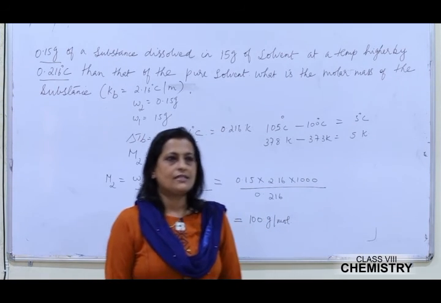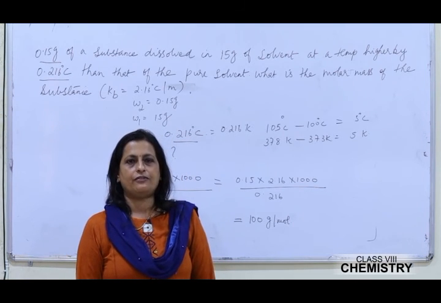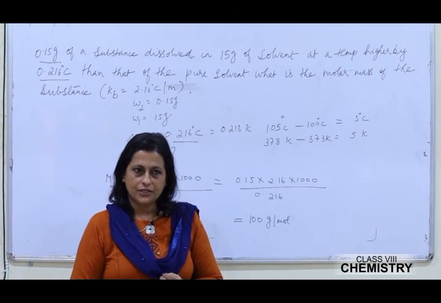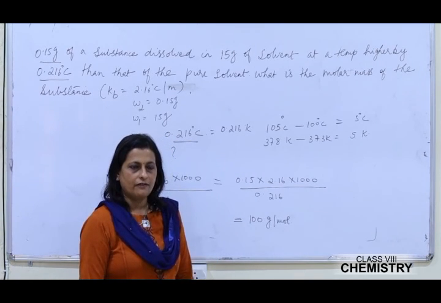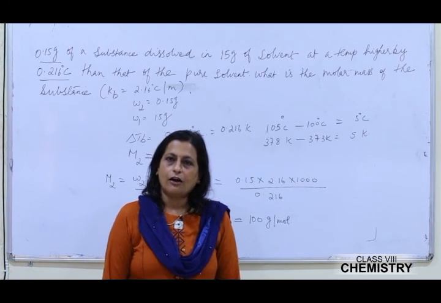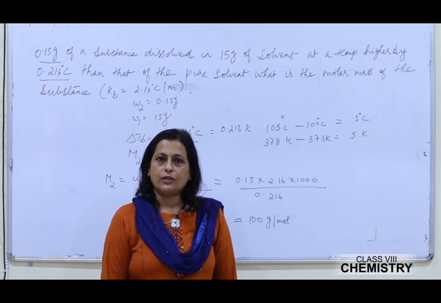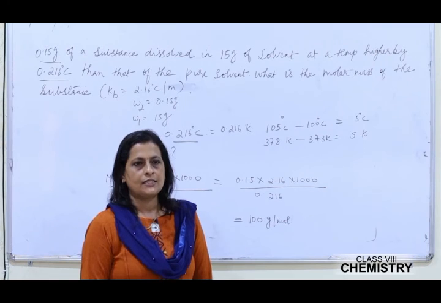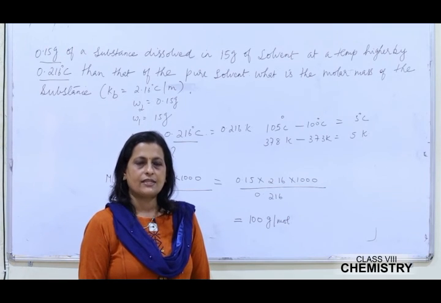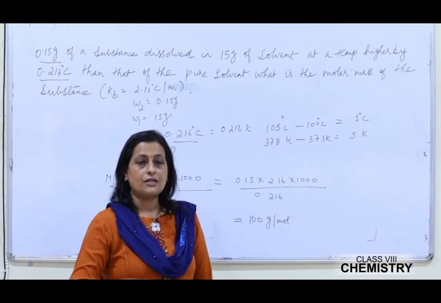So boiling point is the temperature at which the vapor pressure of a liquid becomes equal to atmospheric pressure. When we are adding a non-volatile solute to a pure solvent, the escaping tendency of the solvent molecule decreases because the non-volatile solute occupies some of the surface area. So what happens? The vapor pressure of the solution is decreasing.